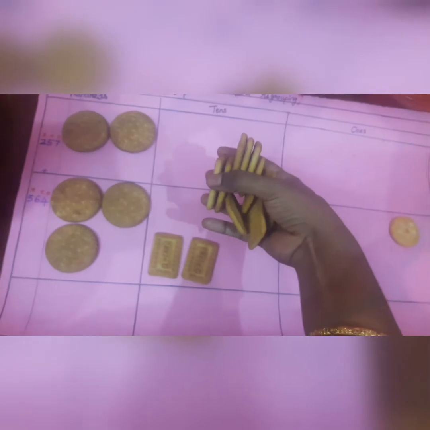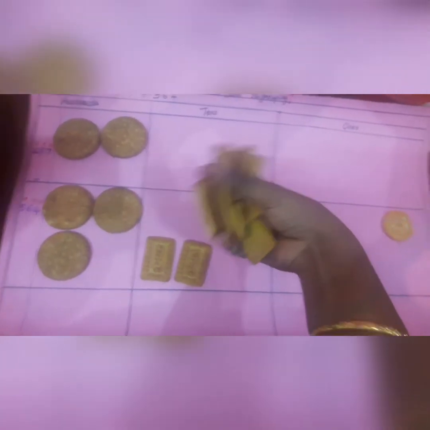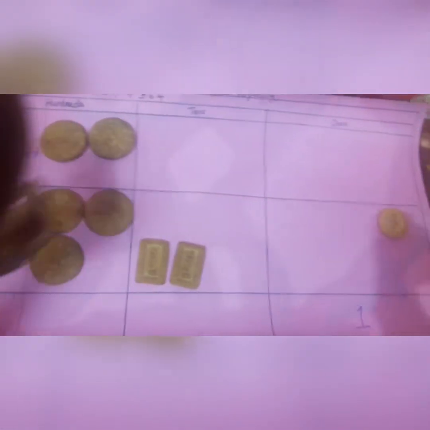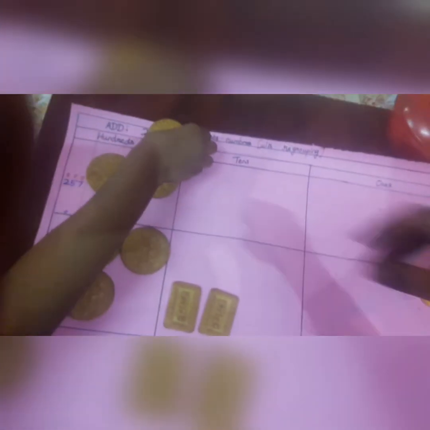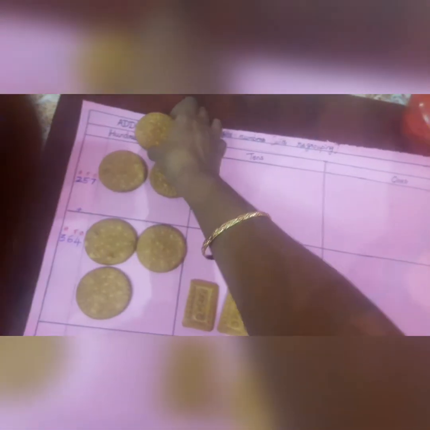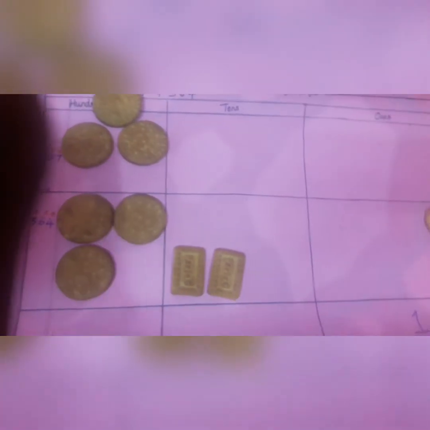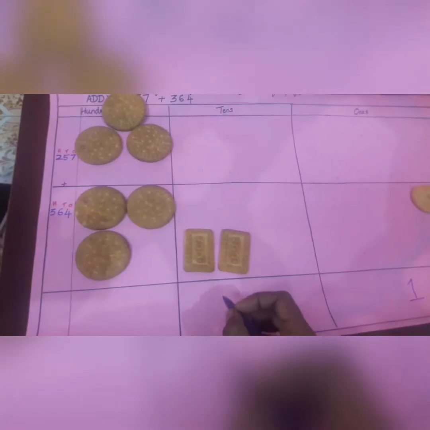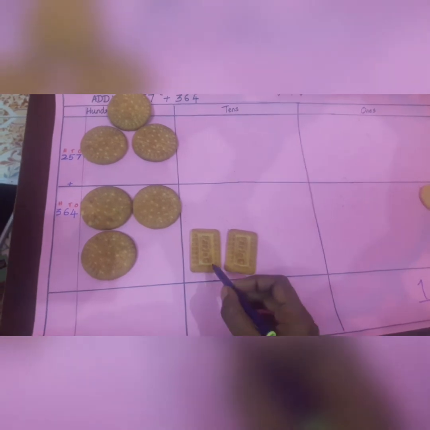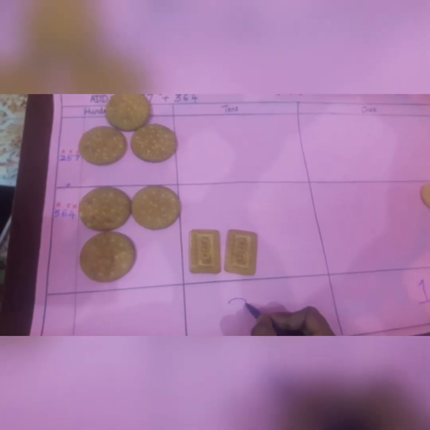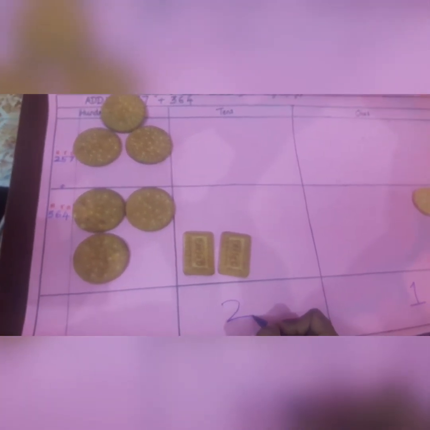These 10 tens make 100. I am placing 100 in the hundreds column. How many tens are left over there? 1, 2. So write 2 in the tens column.